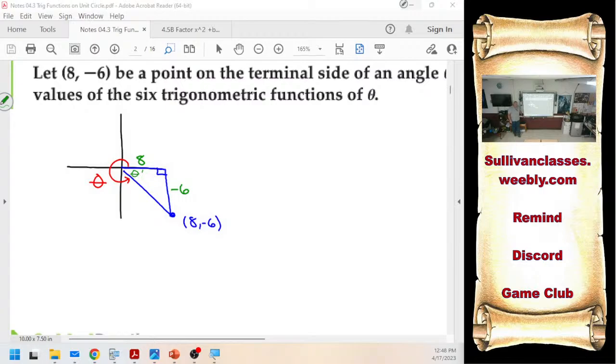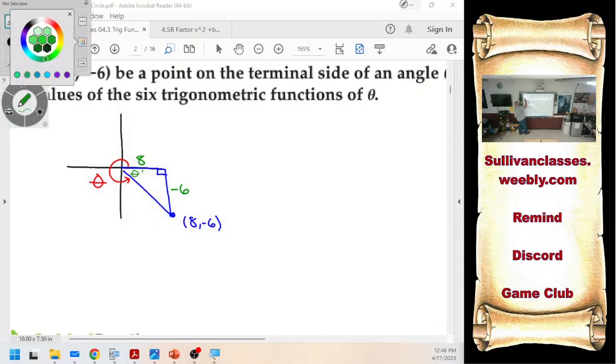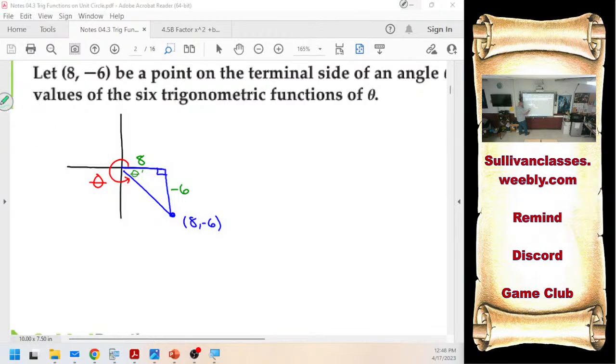Then I got to go find the hypotenuse. The hypotenuse is found with the Pythagorean theorem. My radius is the square root of 8 squared plus -6 squared, or, does anyone recognize the triple? 10. Now, notice I just got R was 10.